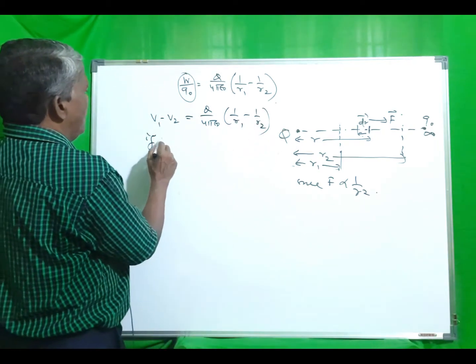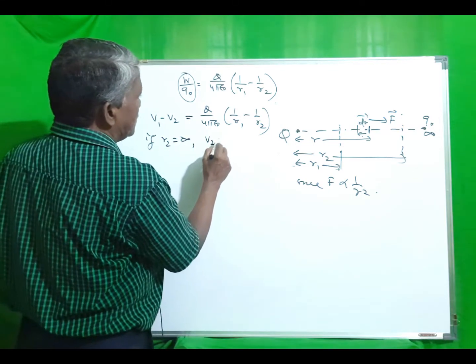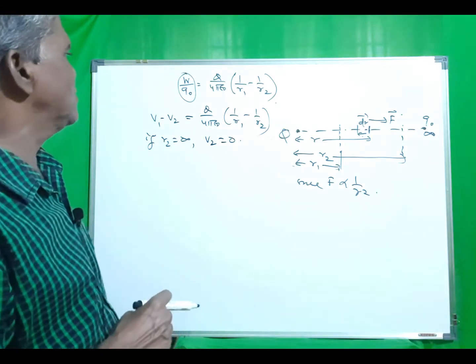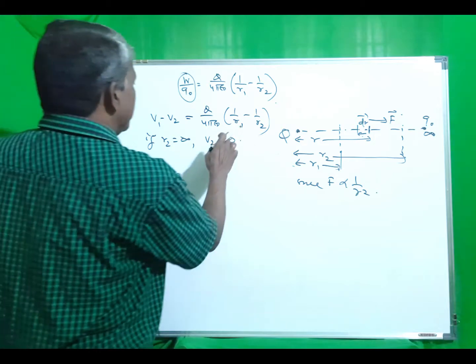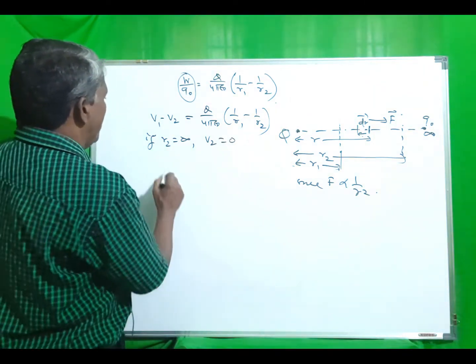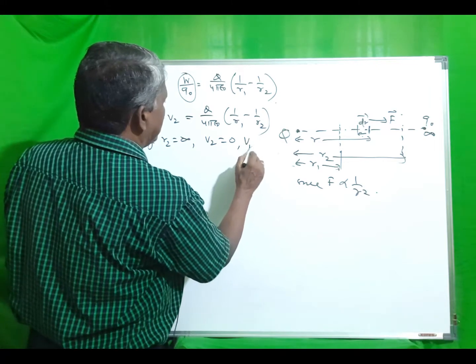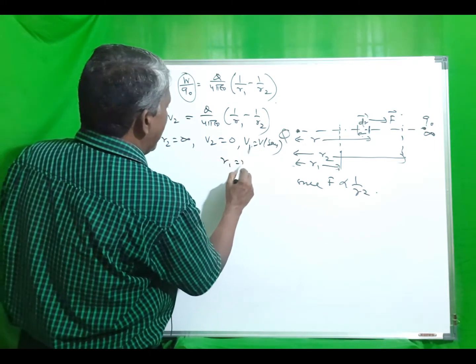If R2 is at infinity, then V2 is 0, because at infinity there is no force, no work is done, hence there is no potential at that point. Say V1 is equal to V and R1 is equal to r.